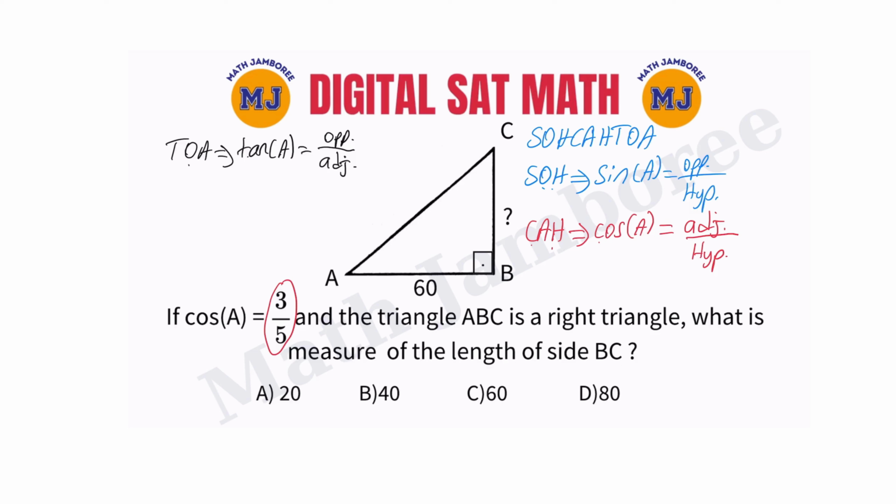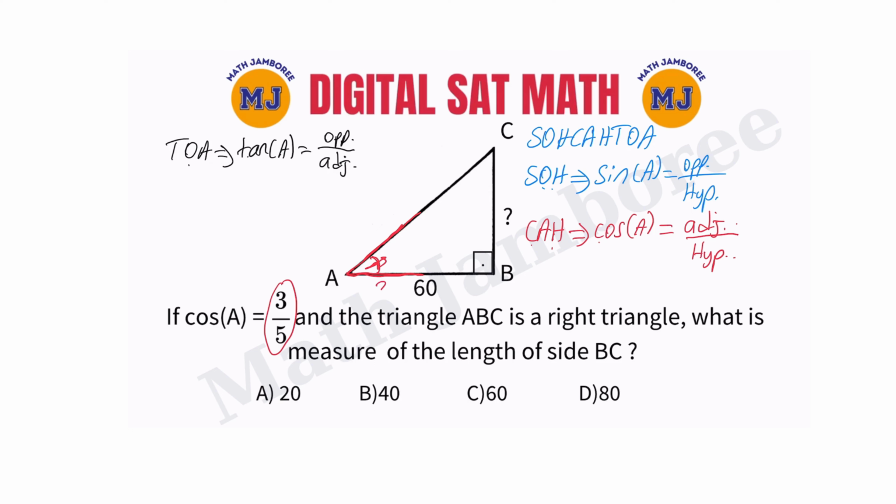If you're talking about cosine at the angle A, I want you to imagine yourself sitting on this corner of A, and if you're talking about cosine, you need adjacent and the hypotenuse. Adjacent is here, which is AB, because this angle has two arms. If you pay attention, you would realize that the one on the right side is the adjacent.